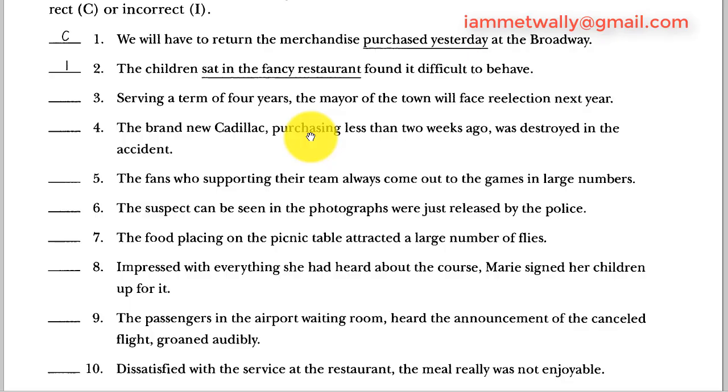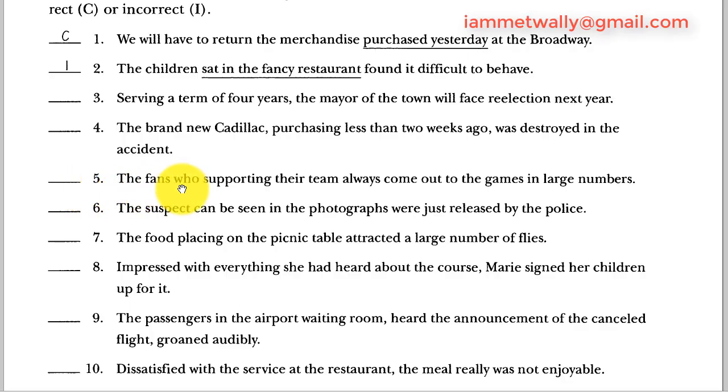Purchasing is the wrong reduction, because purchasing means the Cadillac did something, but it should have been in the passive. So this should have been purchased, because the Cadillac was purchased, not was purchasing. A Cadillac is a car and cannot purchase, and purchase means buy, by the way. So this one is wrong, incorrect.